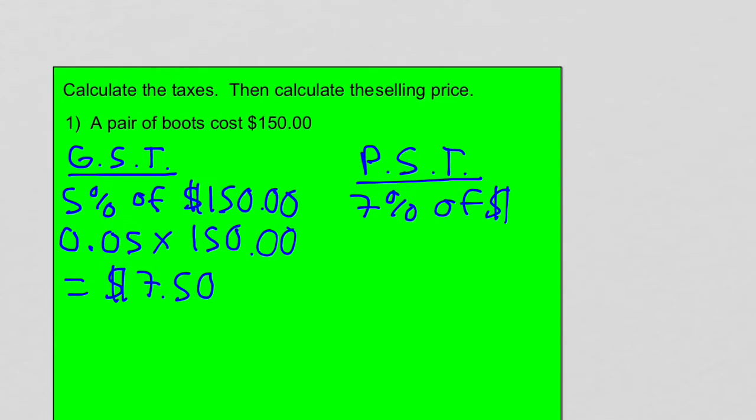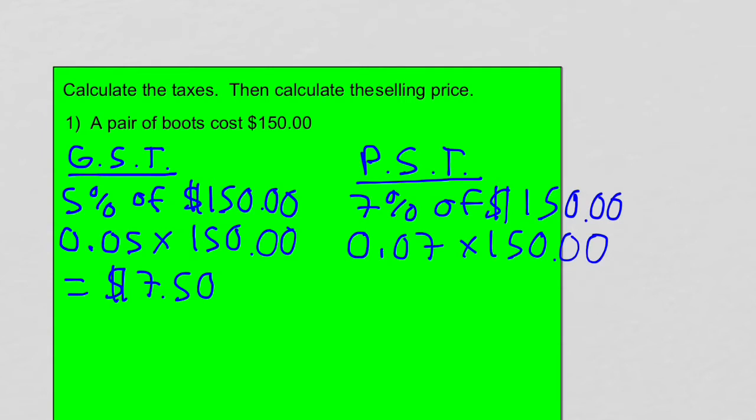We talked about how these are different in different provinces as well, and territories, the PST. So that's 0.07 times $150. And when you work that out, that's $10.50.